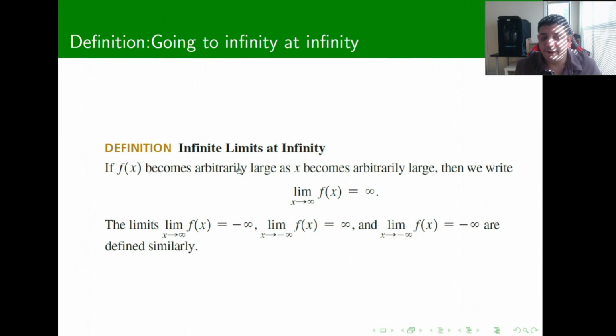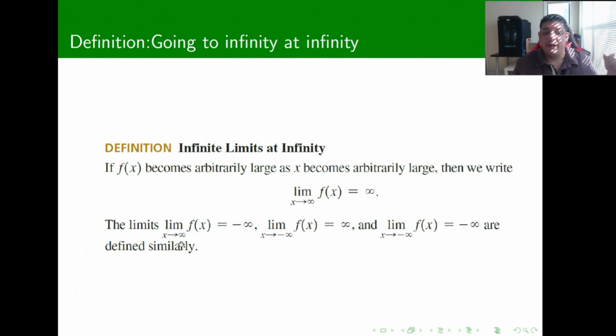Okay? So if f becomes arbitrarily large as x is becoming arbitrarily large, then we can say that the limit when x goes to infinity of f of x is infinity. And similarly, we can define the limits for minus infinity: the limit when x goes to infinity of f of x being minus infinity, or the limit when x goes to minus infinity of f of x being infinity, or the limit when x goes to minus infinity of f of x being minus infinity. You can define all this similarly.